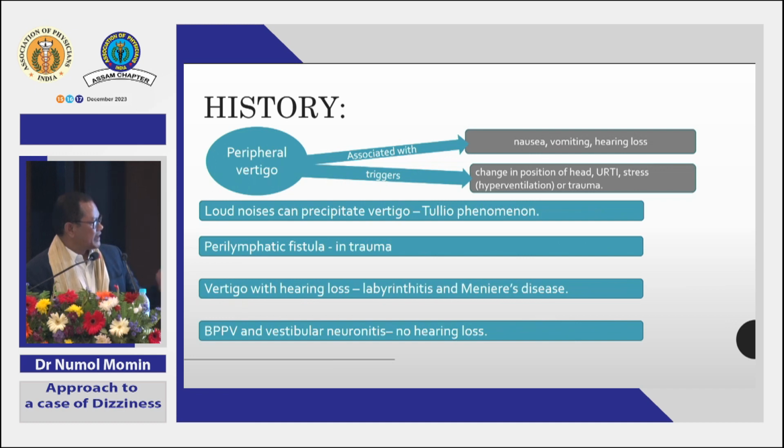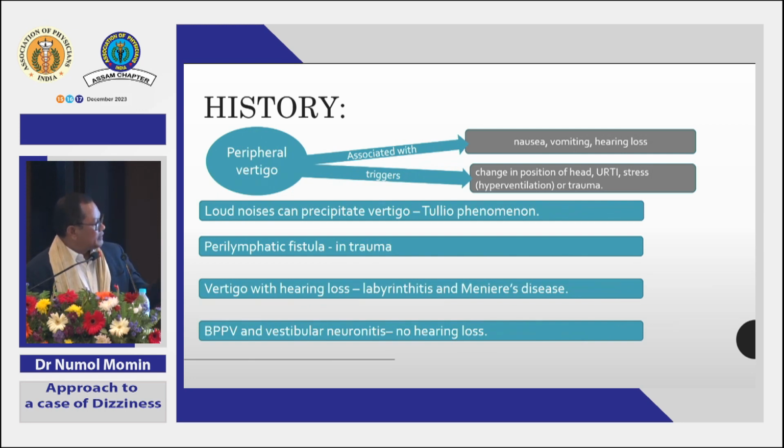He tried again later, and this phenomenon is named after him: because of noise, one can sometimes have vertigo. Then perilymphatic fistula in trauma cases, because in trauma you also have to take history, since temporal bone injury can lead to destruction of the vestibulocochlear system and may lead to vertigo.